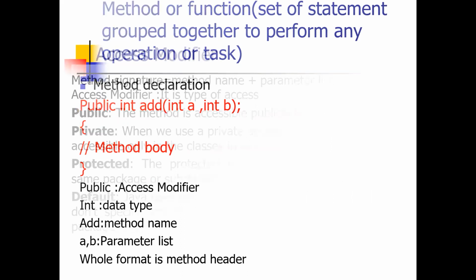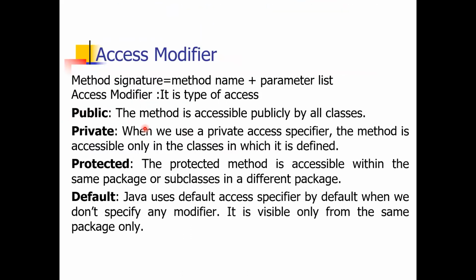Public means the method is accessible publicly by all classes. Private means the method is accessible only in the class in which it is defined, not in other classes.